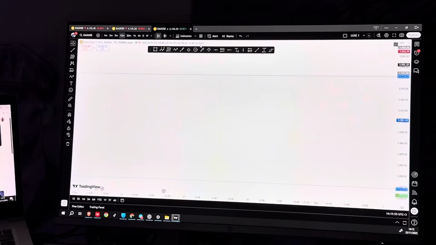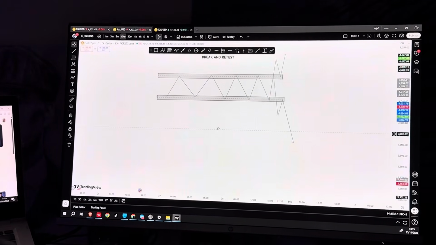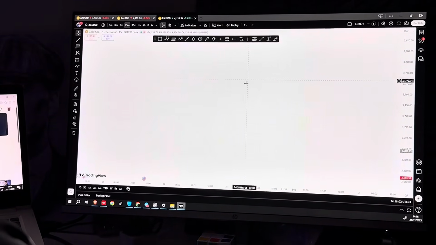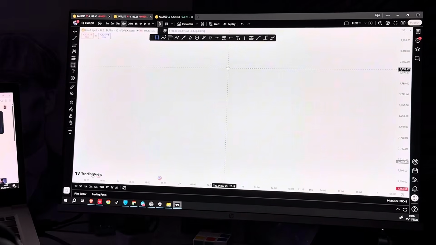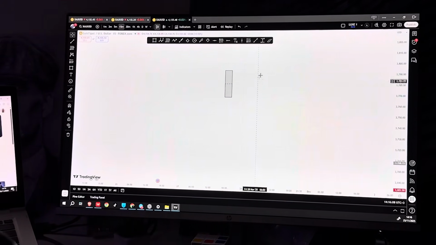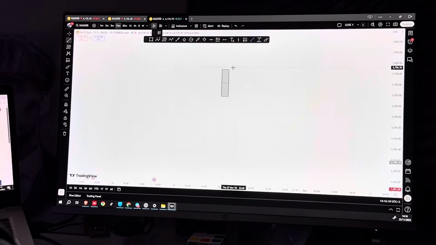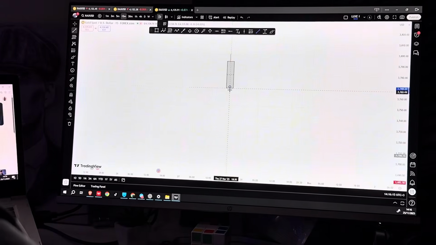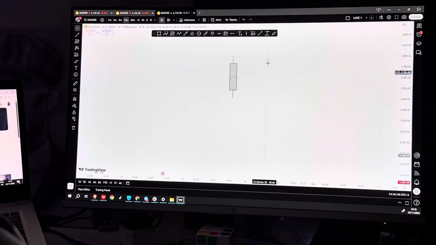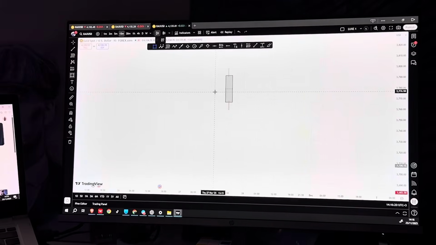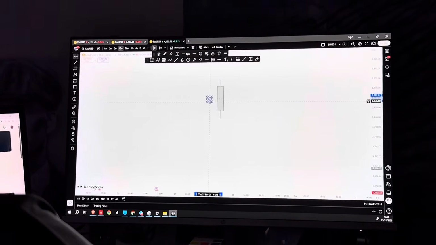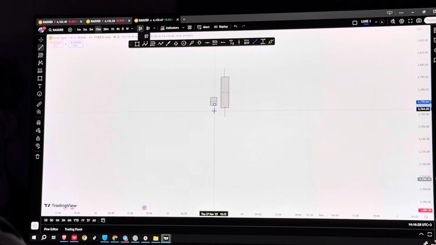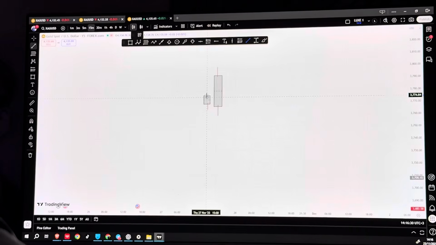But in break and retest, you must understand there is a candlestick called the engulfing candlestick. Let me draw it for you. If you see a candlestick with a long body, like this, assume this is your previous candlestick, this was your bear candlestick.